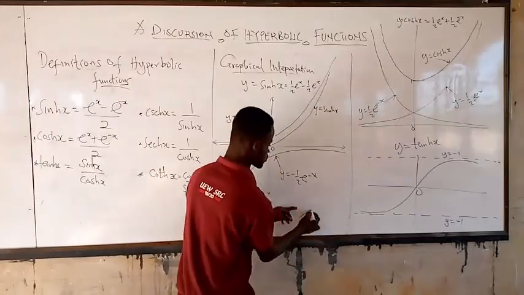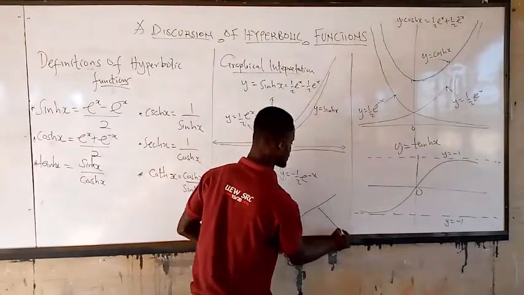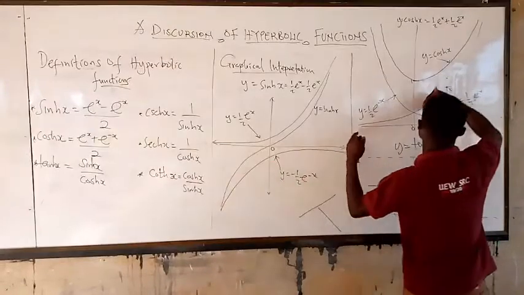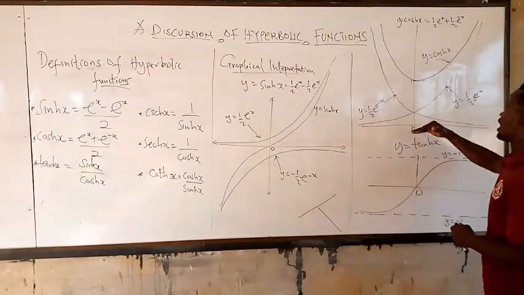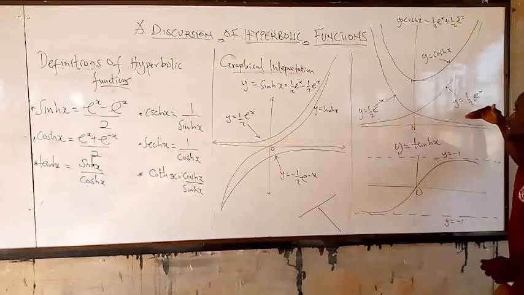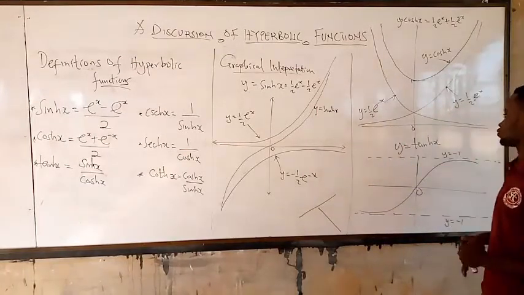We know that this is acceleration, and if it goes this way, it is deceleration. So the one going this way is the acceleration, representing the positive one, and this way represents the negative one.